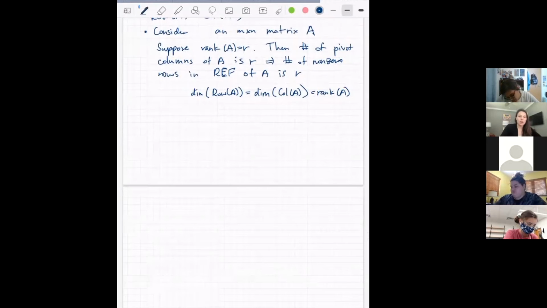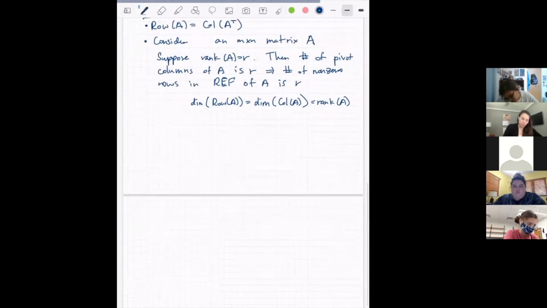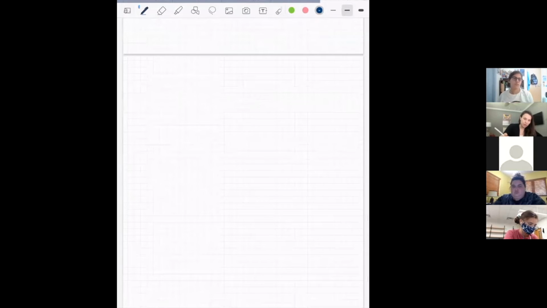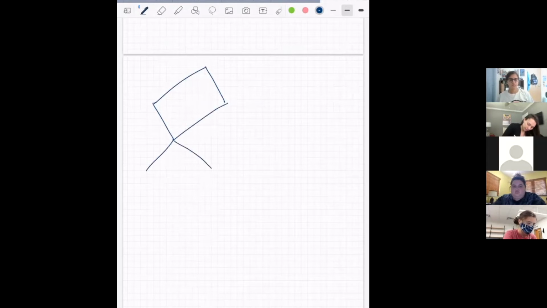Okay. Also, I'm going to draw this down here. There's a way to sort of visualize how these spaces fit together. So I'm going to try and draw this nicely. This is sort of like an abstract picture of what's going on.